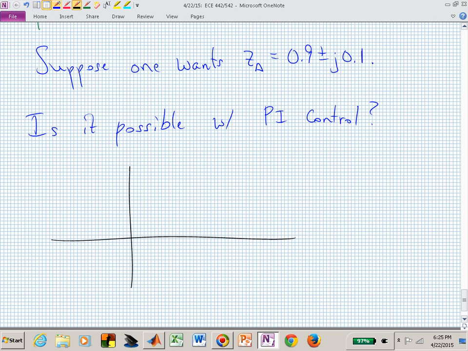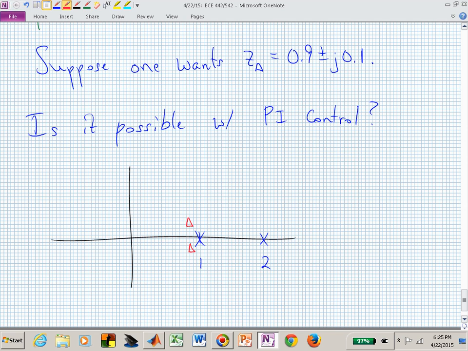We are now looking at, here's something at 2, here's 1, and now we may want this zero somewhere there, so that, well, who knows exactly where it's going to be. What we do want, though, is that, pretend that's 0.9 plus and minus j0.1.